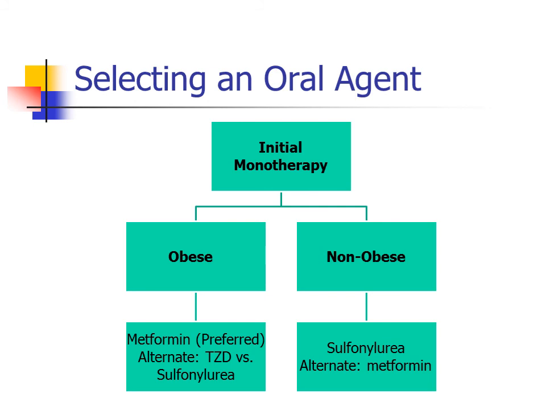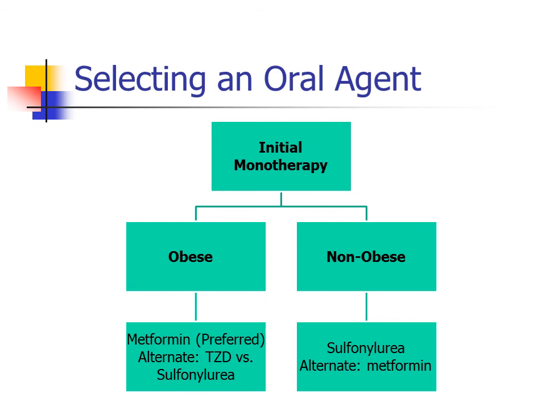What I think of when I'm thinking of these agents is, do I have an obese patient or a non-obese patient? Because we discussed that there's some differences in weight gain among these agents. So if your patient is obese, metformin probably is your preferred agent since it's weight neutral, or there may actually be some weight loss associated with metformin.